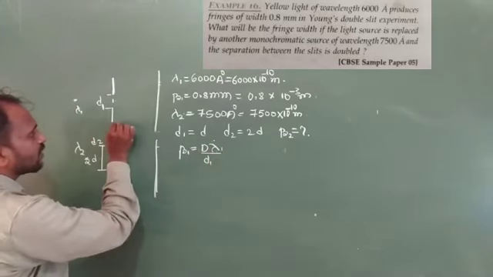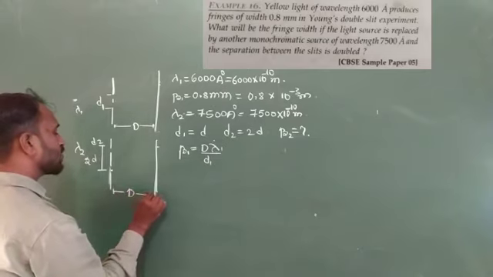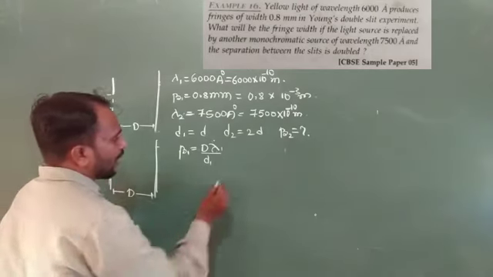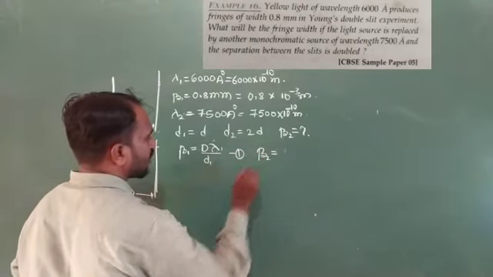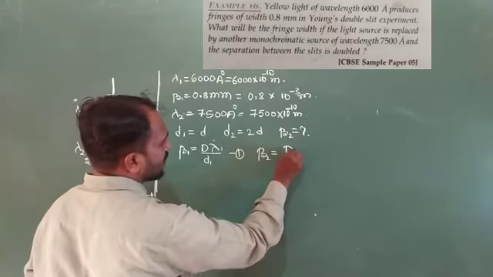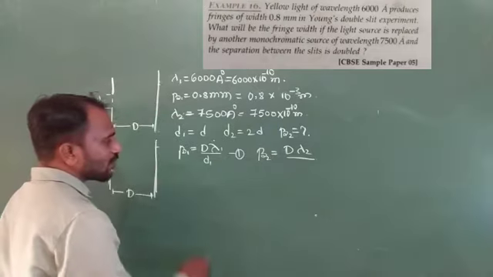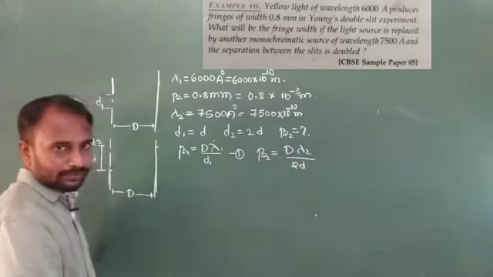The distance between the screen and slit remains the same, so only the slit distance changes. This one is equation 1, and the second equation, beta 2 is equal to capital D as it is, and the wavelength lambda 2 divided by the slit distance increased by 2 times, it means 2d.